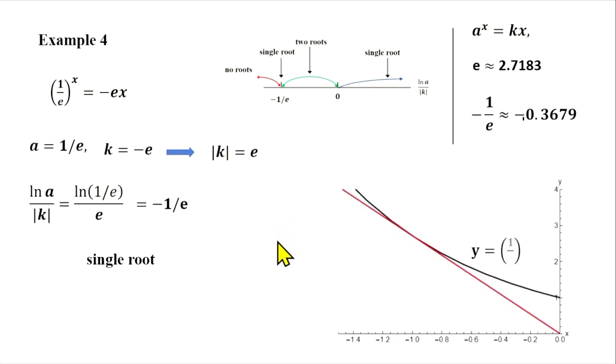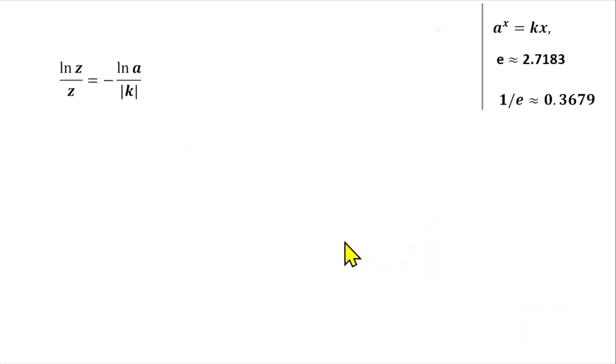Graphically, it looks like this. So our curves intersect in one point, so they are tangent to each other, and it is not easy to find the root by eye, but we can do this analytically.